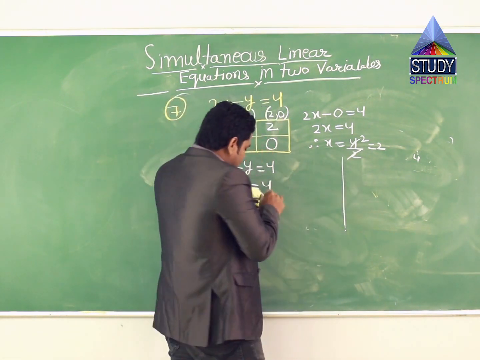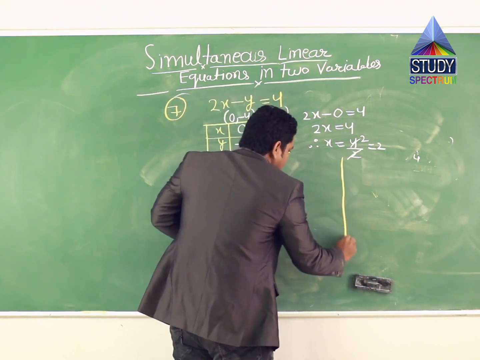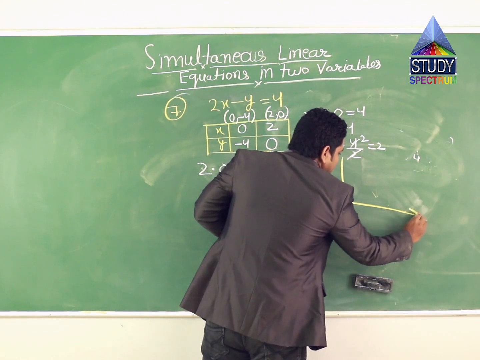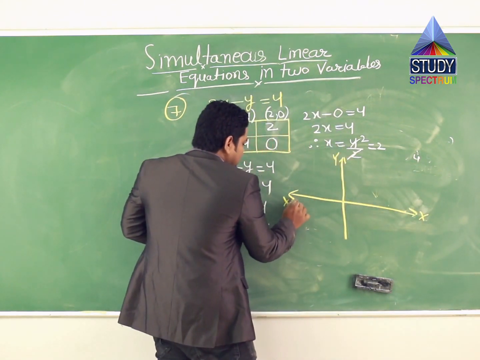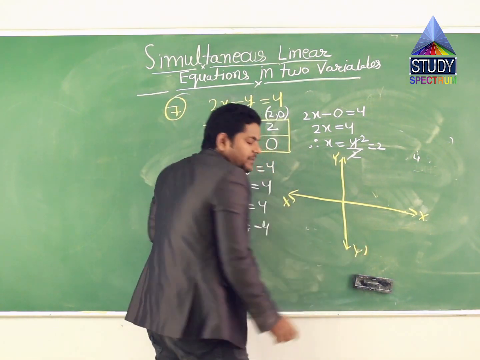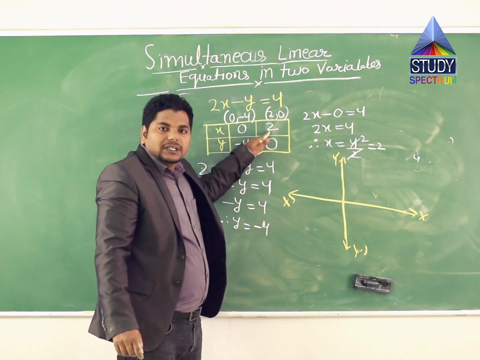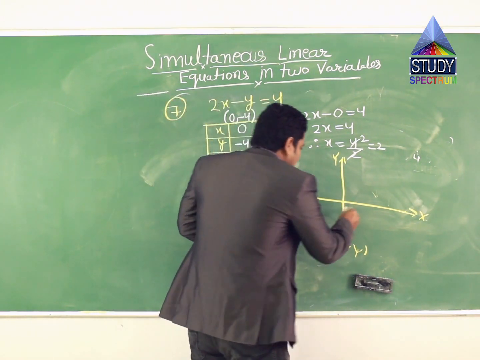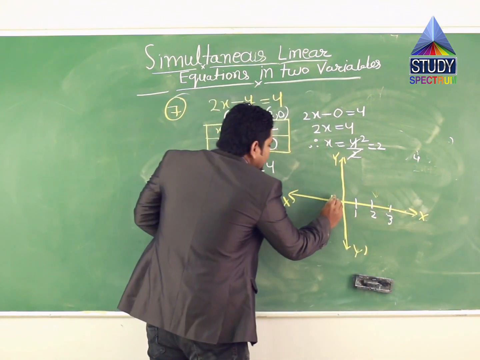So this is the x axis, this is the y axis, this is x dash, this is y dash or y prime. So in x we have reached till 2 units, so we'll show here 1 unit, 2 unit, 3 unit, and in the negative direction we have not moved.